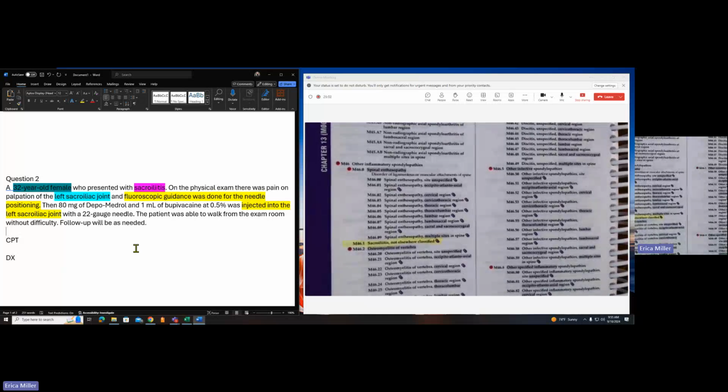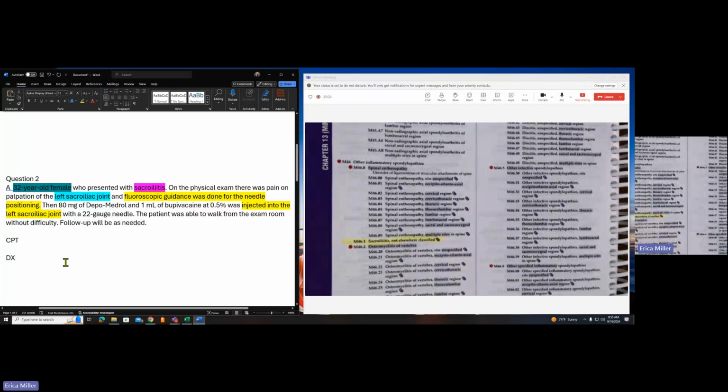They're calling this category other inflammatory spondylopathies. And then M46.1, sacroiliitis not elsewhere classified. That's all we have to go off of. We have one word for the patient's problem, sacroiliitis. So we're going to go ahead and go with M46.1.